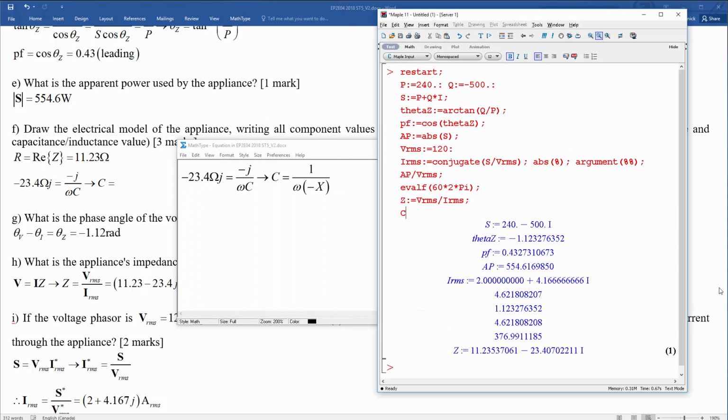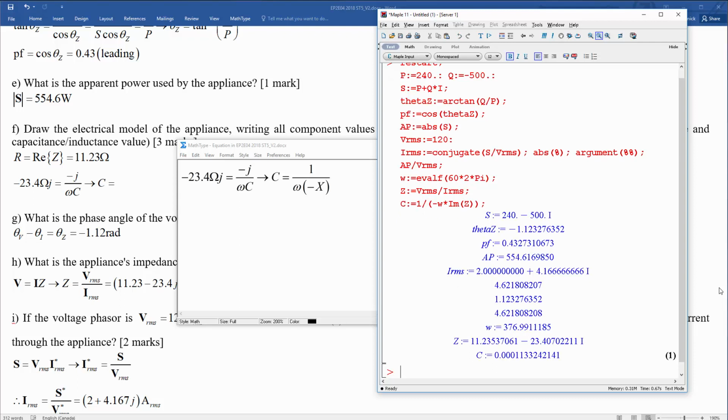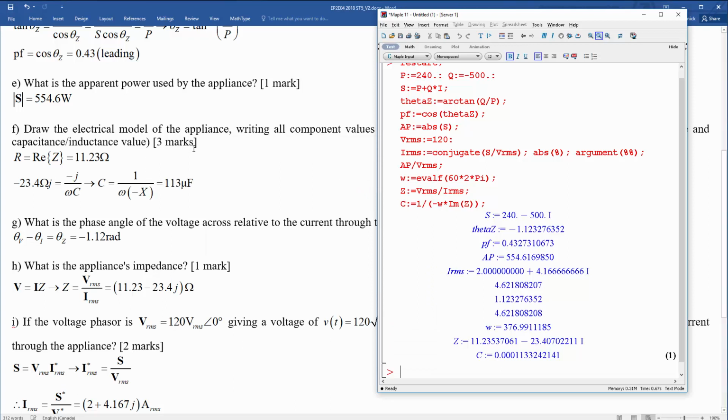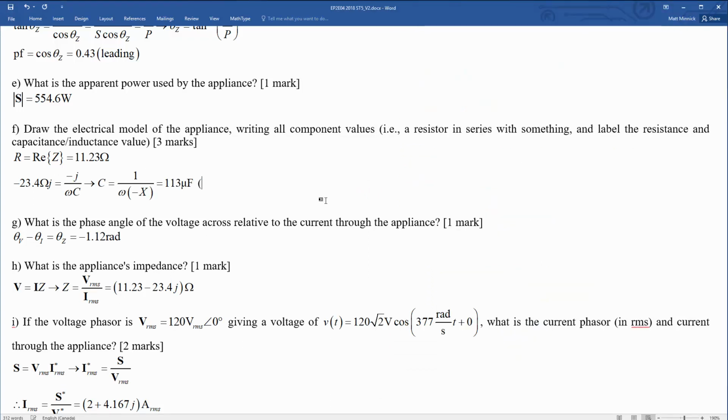So that means C is equal to 1 over, let's call that W, W times the imaginary part of Z. Okay, and that's 113 microfarad. Great, and these are in series.